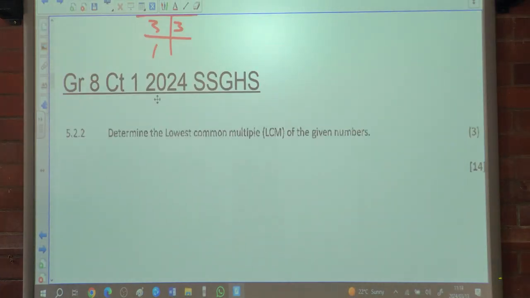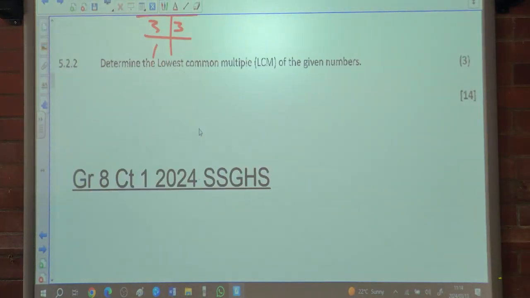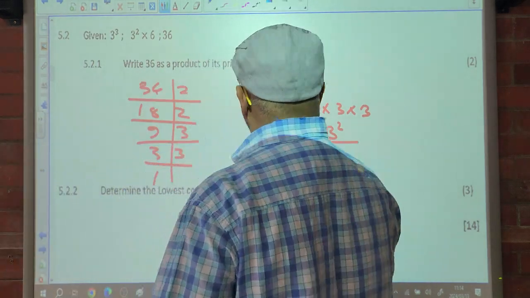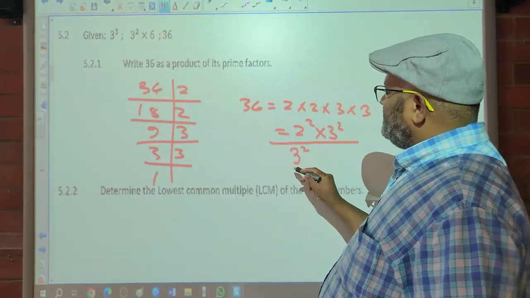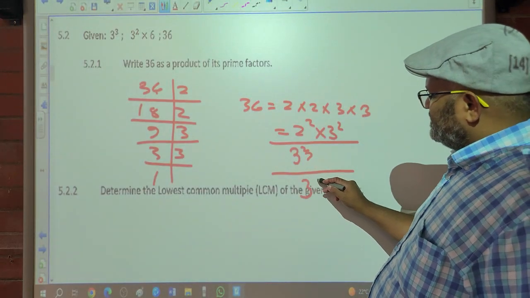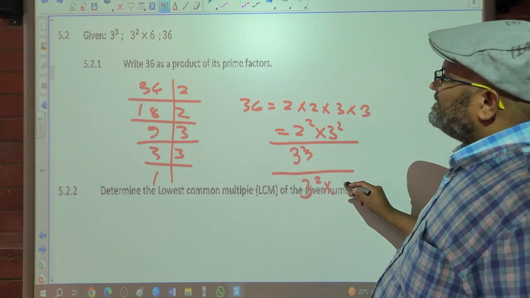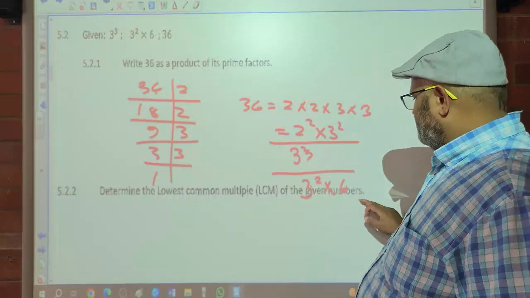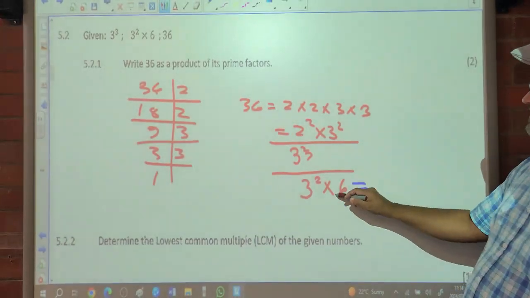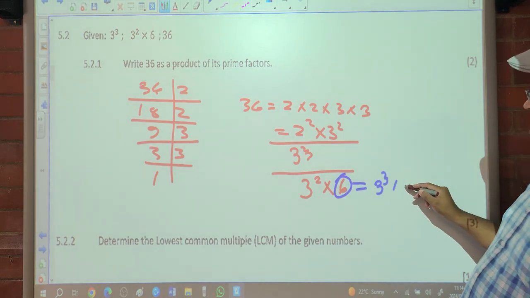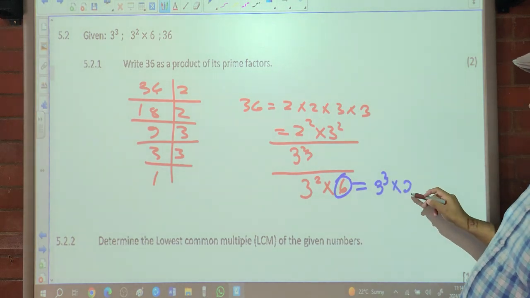Okay? They ask for the lowest common multiple of the given numbers. So if that is the one number, and the other one is 3 squared, and the other one is 3 cubed, and 3 squared times 6. Okay? So if you look at 3 squared, the 6 can be written as 3 times 2, which is 3 cubed times 2.